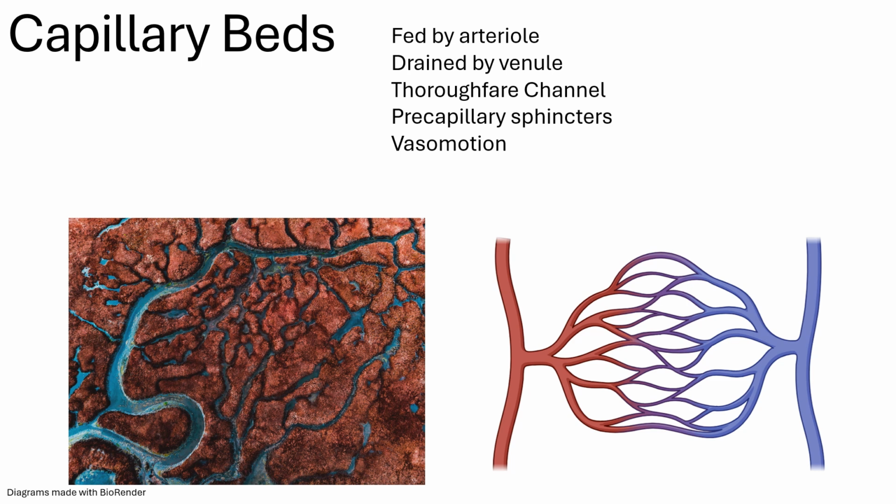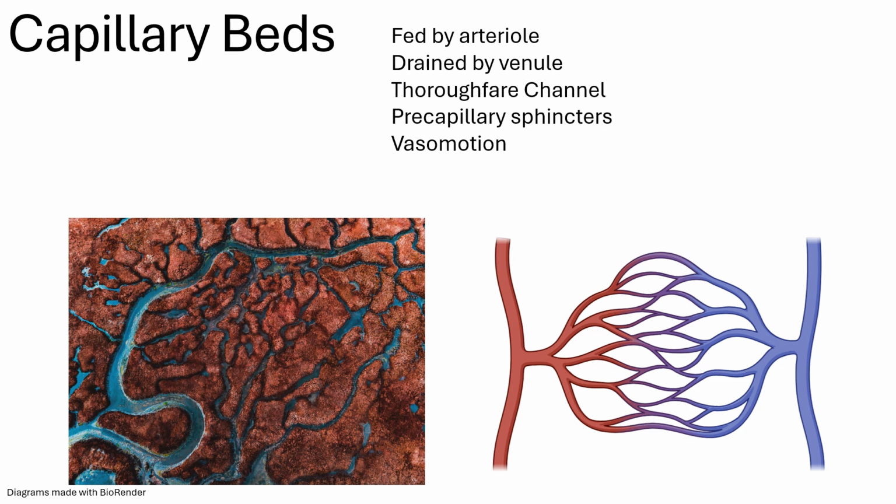This diagram shows a river flowing very fast and then hitting a delta with lots of tributaries that fan out from the main river. And many of us instinctively know that when the fast flowing river hits the delta, the water loses speed. This is the same situation in your capillary beds.